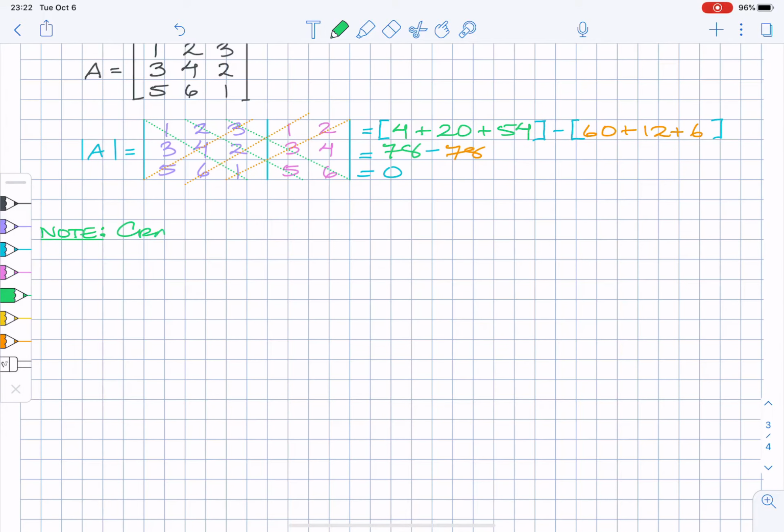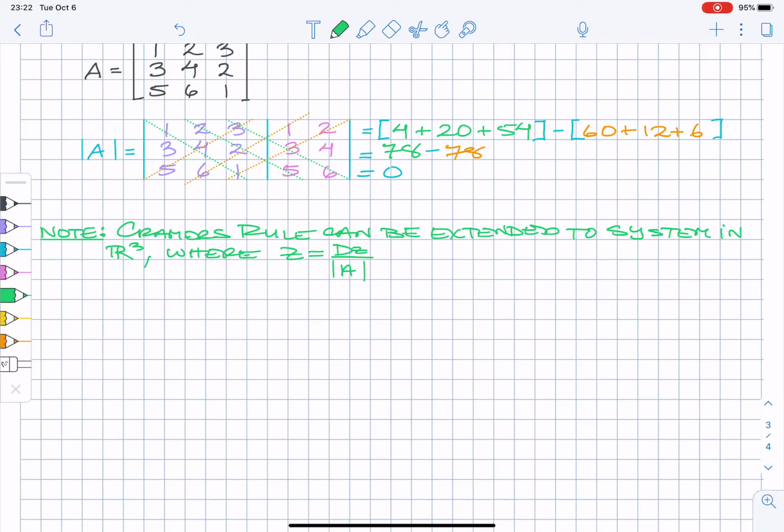So Cramer's rule can be extended to systems in R3 where z is simply capital D sub z over the determinant of A. The same way, it's analogous.